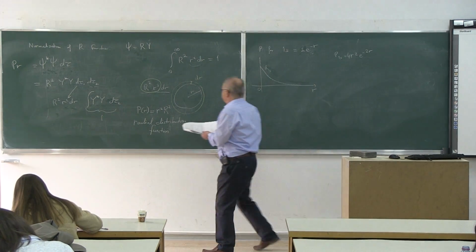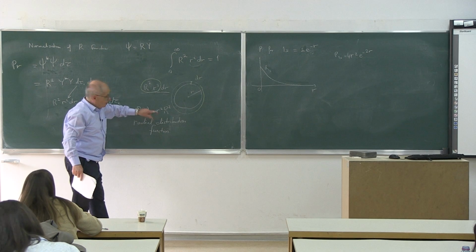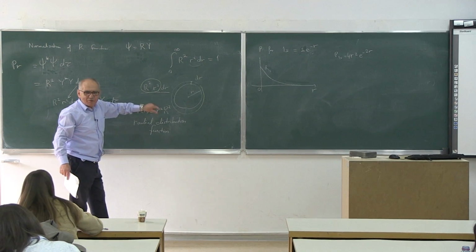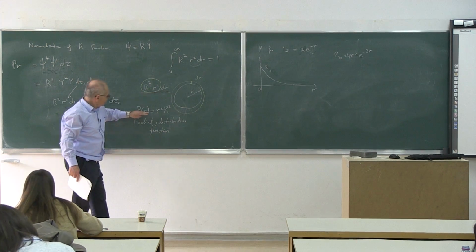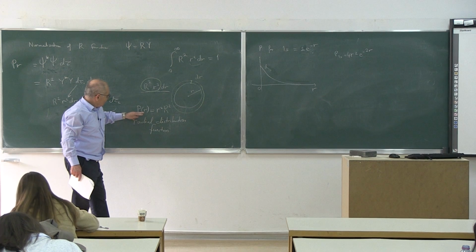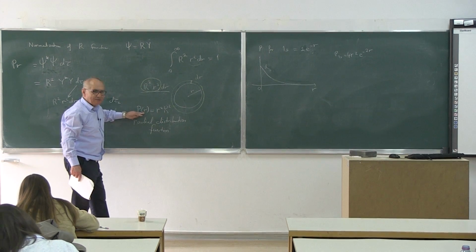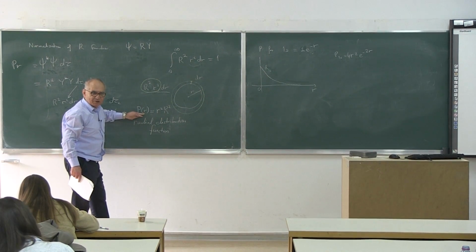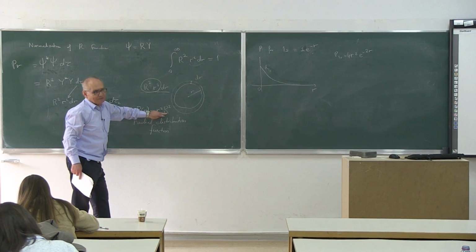Please note that this information is useful in making such plots. The number of nodes, or number of zeros, of the P function, the radial distribution function, is the same as the number of zeros of the R function.